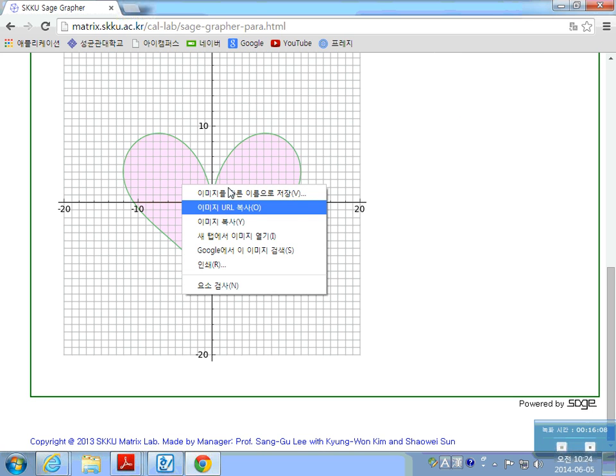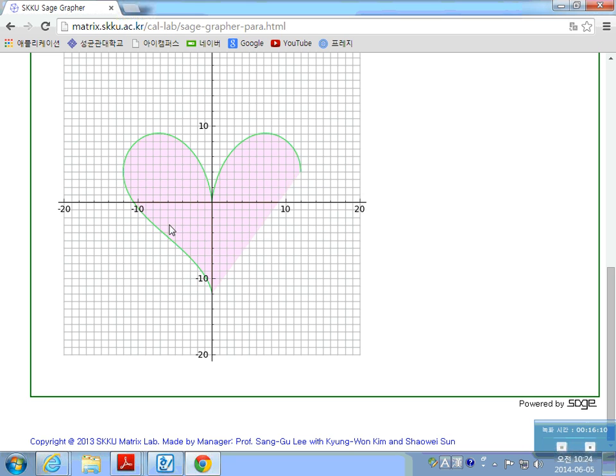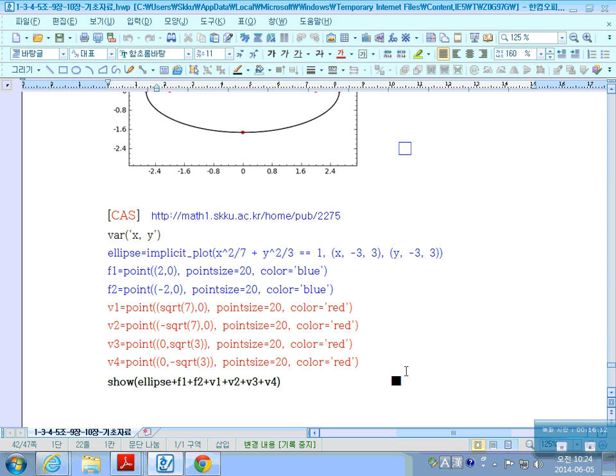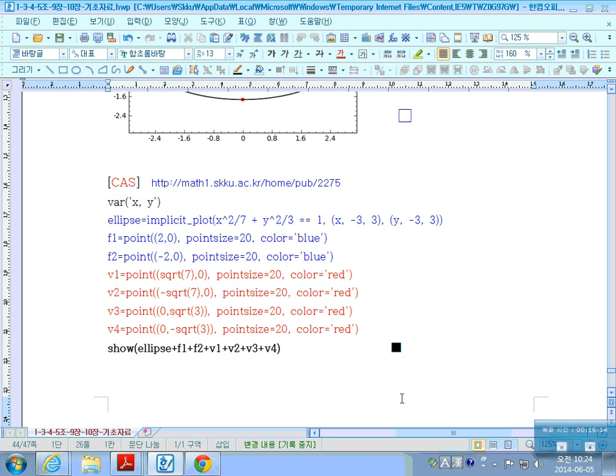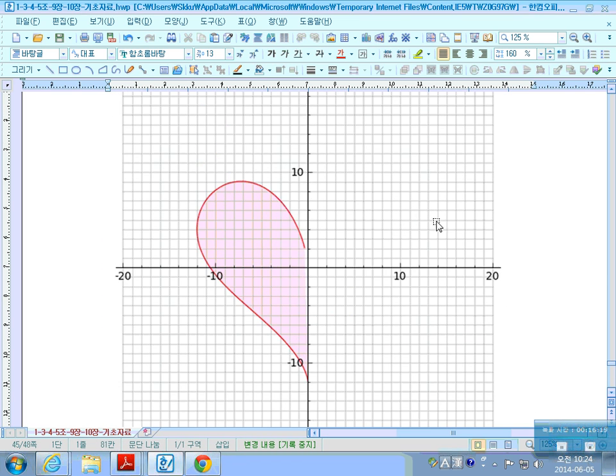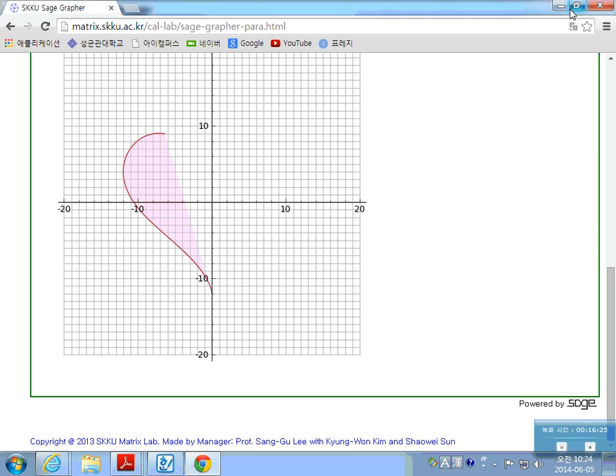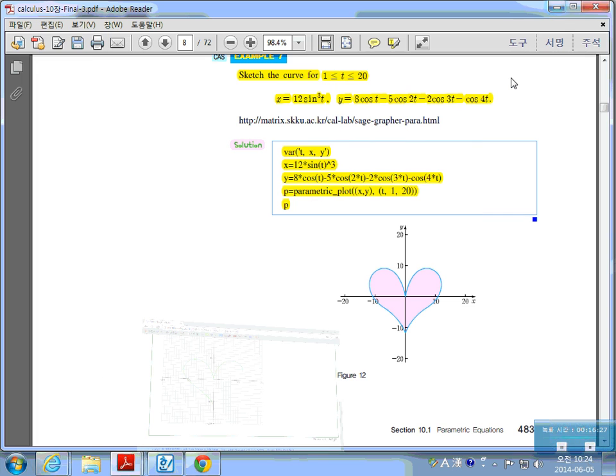This graph can be saved in this way. We can copy it here, and if we copy it into a Word file, then you will have an animation in your homework solutions. So this is a very easy way of making the graph.